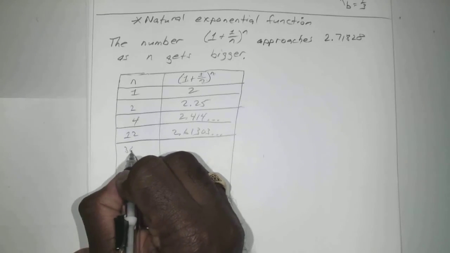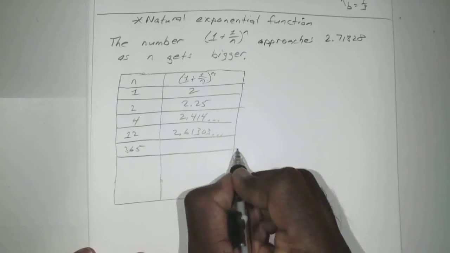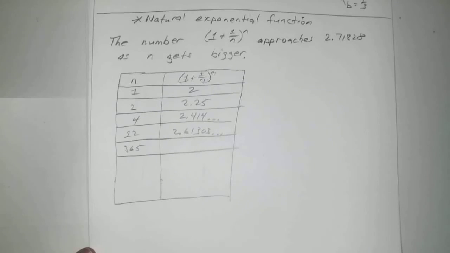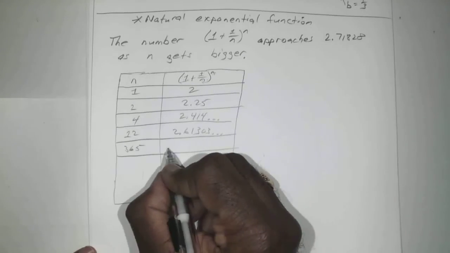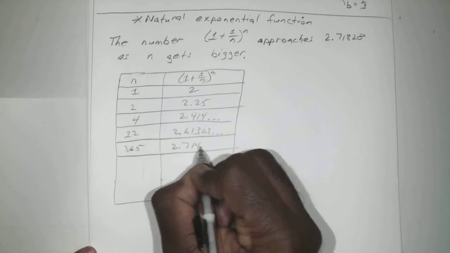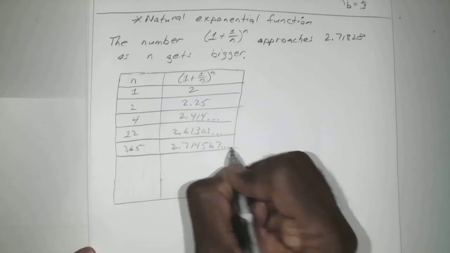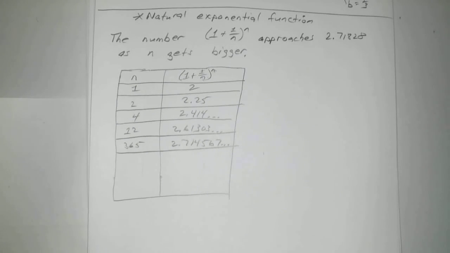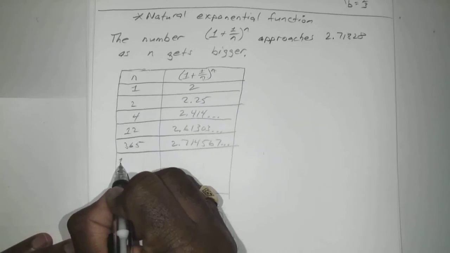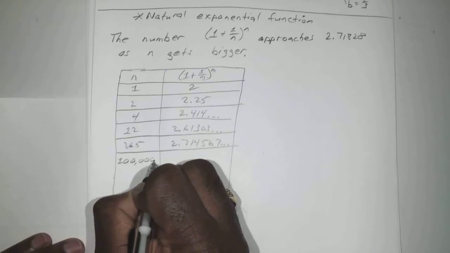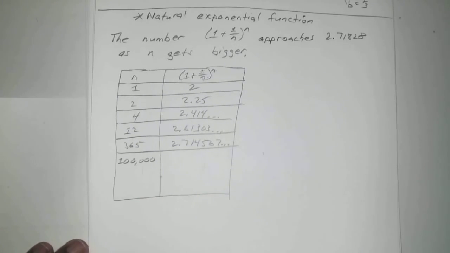Okay, let's say if you let n equal 365. Plug that into your calculator, you actually will end up with 2.714567, and it keeps on going forever. So let's say if you plug in 100,000. Plug that into your equation.